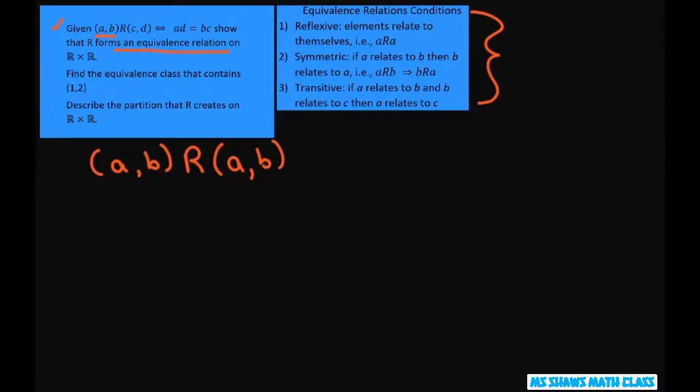That would mean that AB equals BA, according to our definition, and that's true. So it's reflexive.